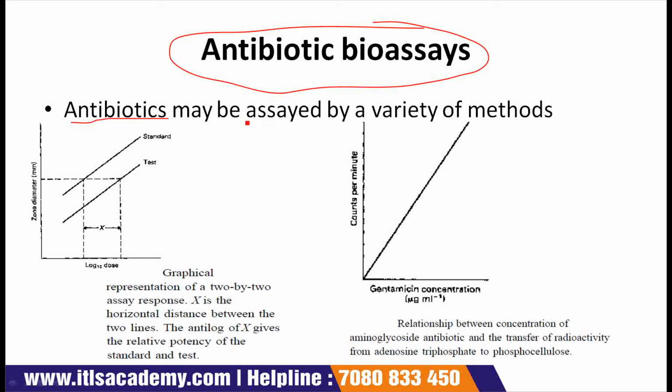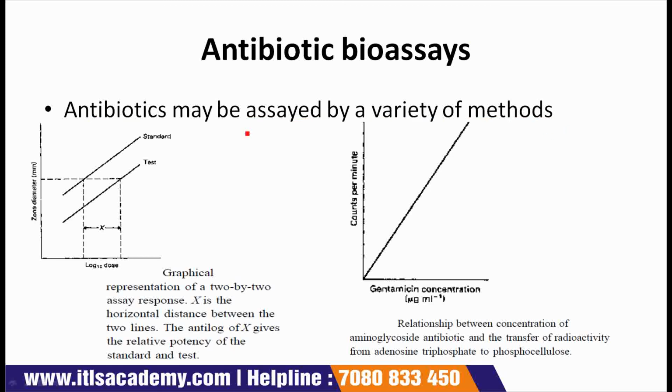Antibiotics may be assayed by a variety of methods. You can see two methods are given by the graph. First is graphical method. Although both are graphical methods, first is representation of a 2 by 2 assay response.